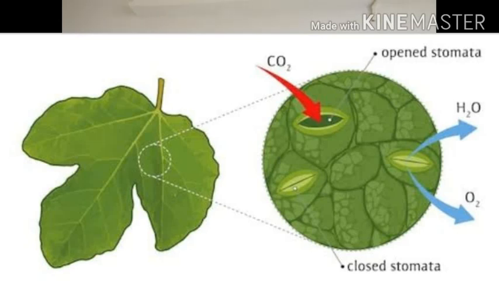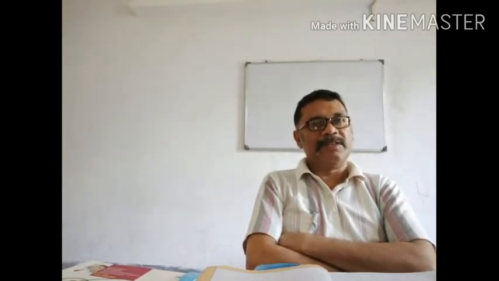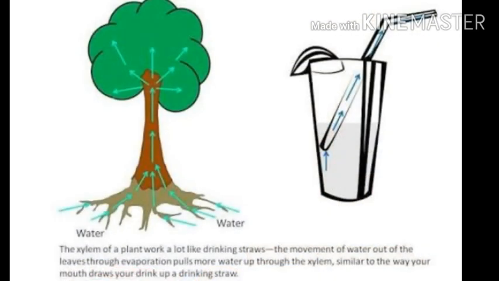In some plants, mostly aquatic plants, stomata are on the upper surface, and in terrestrial plants they are mostly on the lower surface. Through the stomata, carbon dioxide enters. Root hairs absorb water and send it to the leaves through the stem.